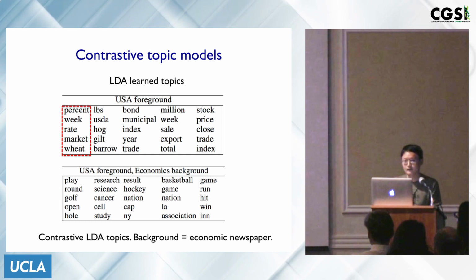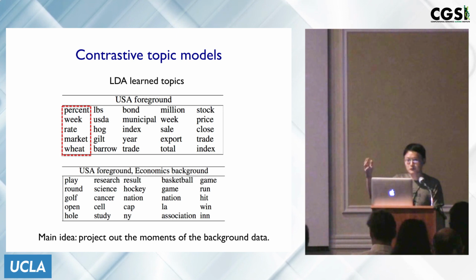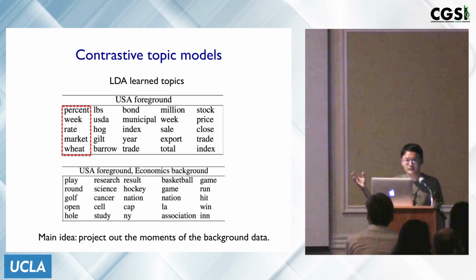So I won't have time to go into this, but the main idea of how you do the contrast here is really through the method of moments. So the picture I was drawing before, essentially what we're doing is I have some moments, in this case, the covariance matrix of my foreground data, and I have some moments of my background data. For contrastive PCA, the simplest case is I'm simply subtracting away the background moments from the foreground moments.